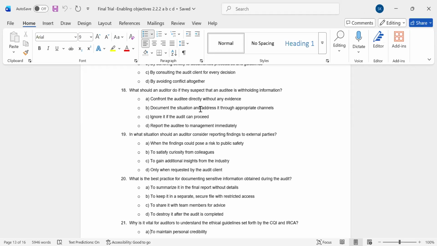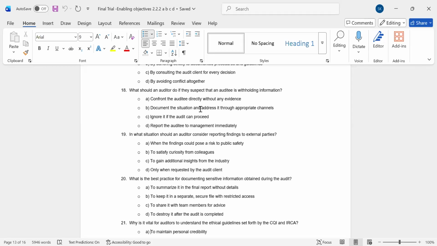No, sir. Sir, but 18 could be, if we can make it an OFI, then it could be documented. See, only if you have evidence to show that he is withholding information, only then. Without evidence, you cannot blame any auditee.